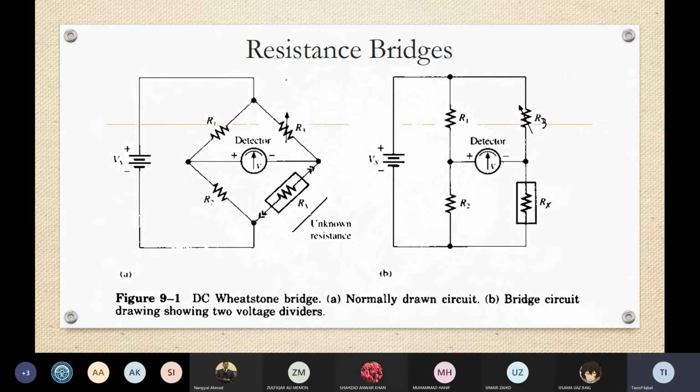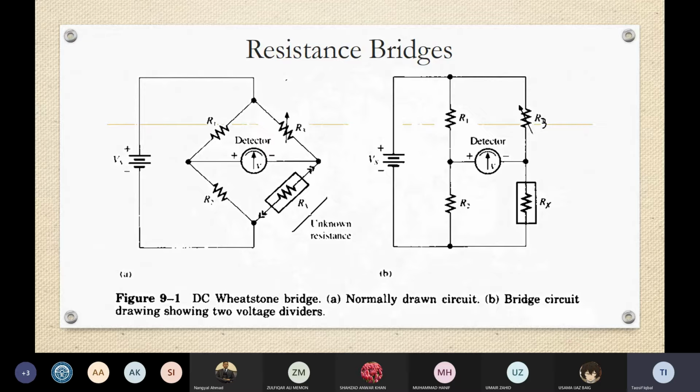And in this case, only one resistance is variable, by varying which we get the ratio equal to the R1 and R2 ratio.